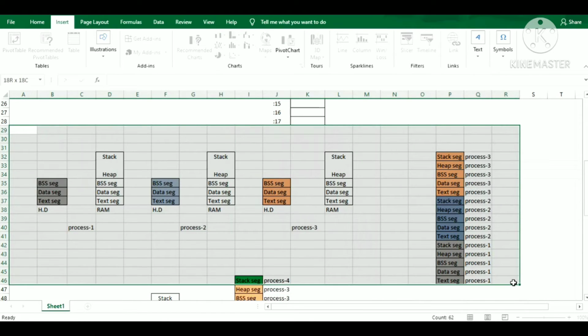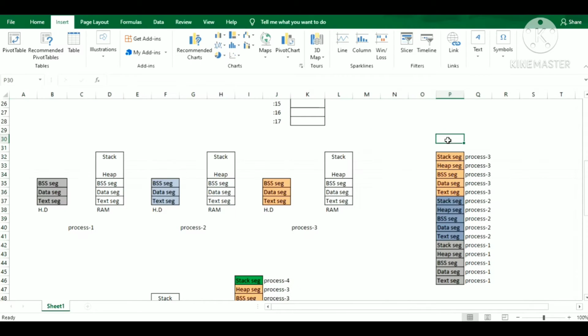I take three processes. See here, and this is the physical frame of the RAM. It contains all the processes' information, meaning whatever calculations need to be done, those segments and page information, all the data it maintains.